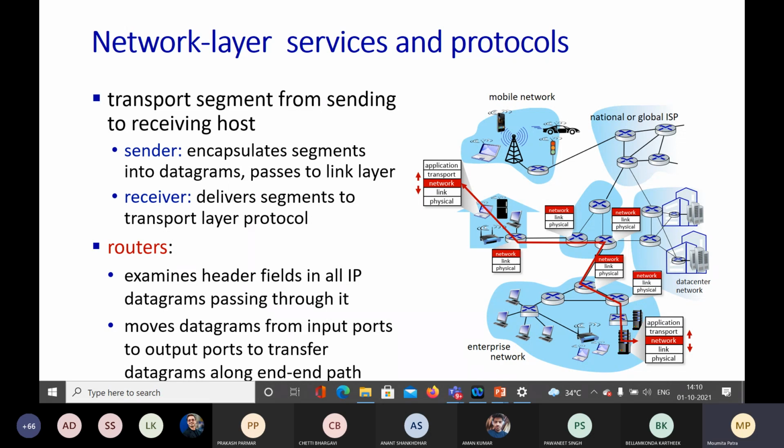One is which output port the datagram has to be sent to, and another is the entire path that this particular datagram, which has arrived at a particular router, is going to follow in order to reach from the source to the destination, and that is called routing. So the router has the functionality to find out the end-to-end path.